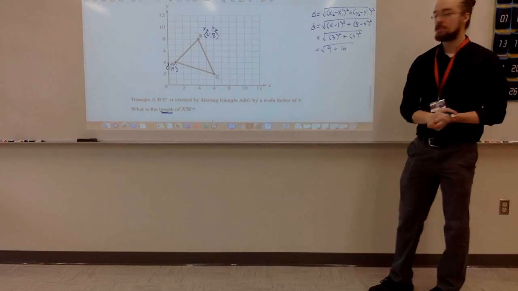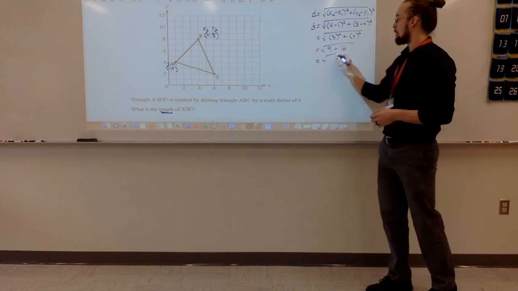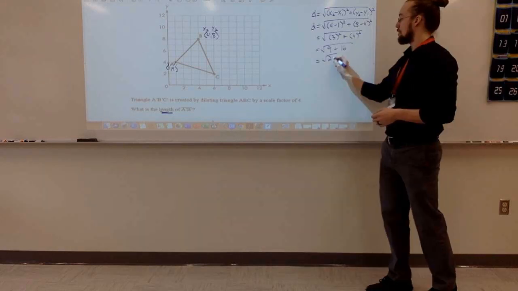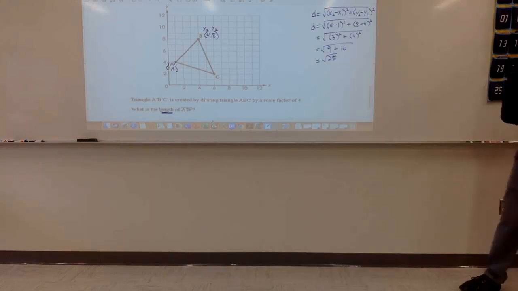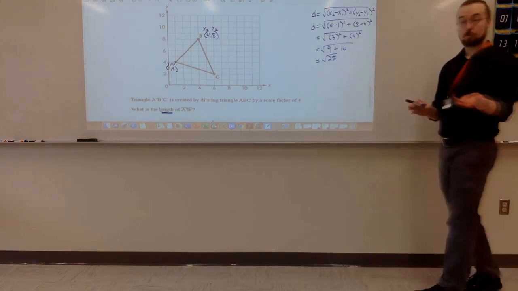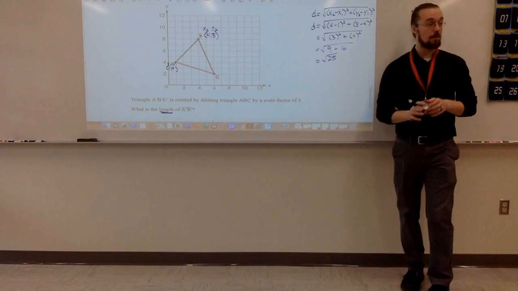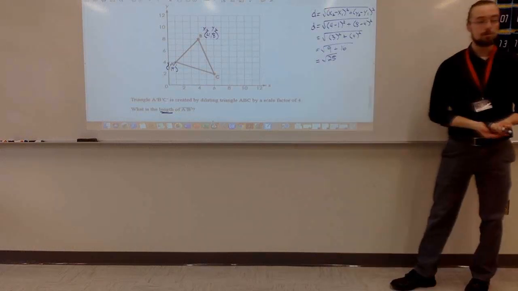Now, I'm still seeing people telling me that means the length is 25. 5 would be the square root of 25, which is 5, right? We can't forget to take the square root at the end. So, the length of AB is 5, right? This length right here is 5.